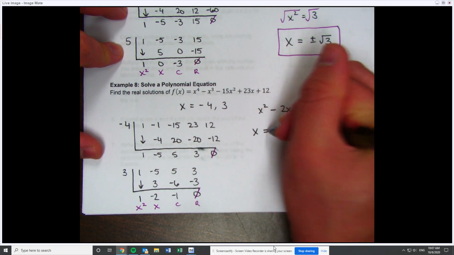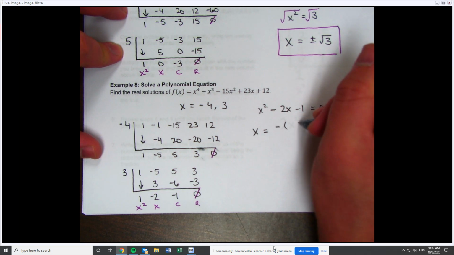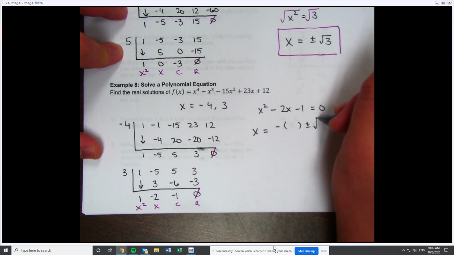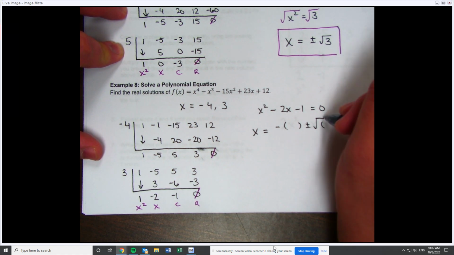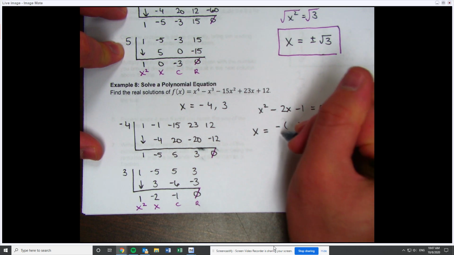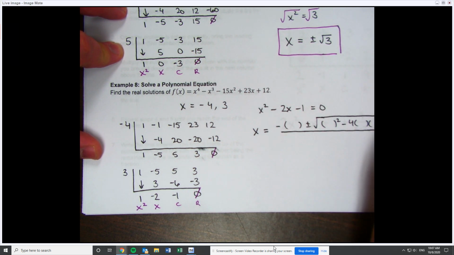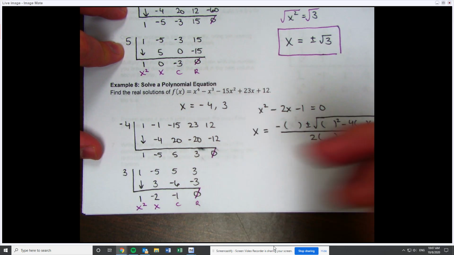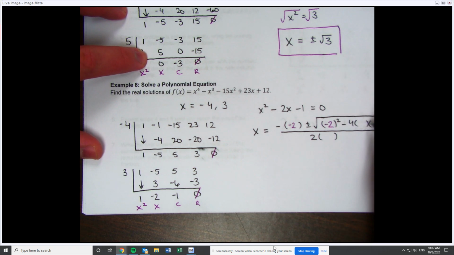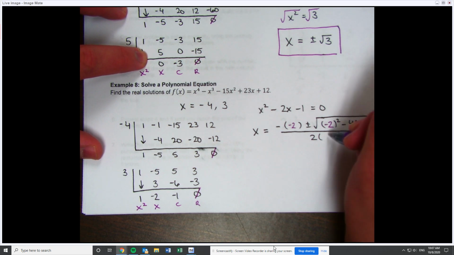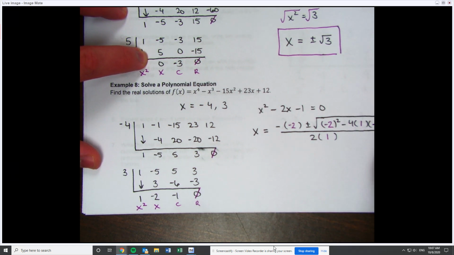So I have x equals negative b, plus or minus square root, b squared minus 4ac, all divided by 2a. So filling in our numbers, my b is -2, my a is 1, and my c is -1.